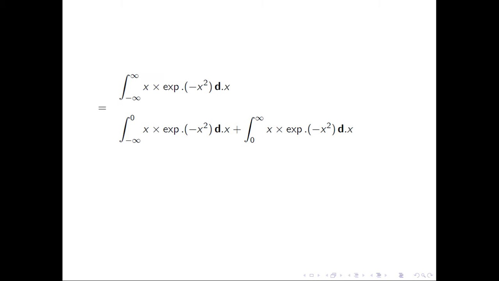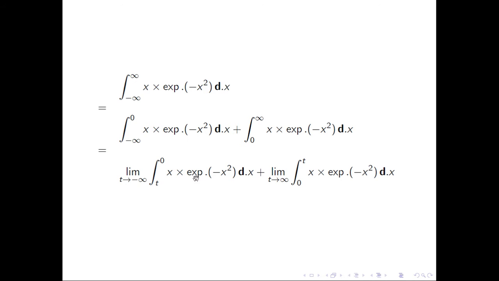Then we remember we're going to take limits, and we introduce the variable t. We find the limit as t tends to negative infinity of this integral, and the limit as t tends to plus infinity of this integral. Notice that the number that we chose was 0, which just tends to be a nice number.